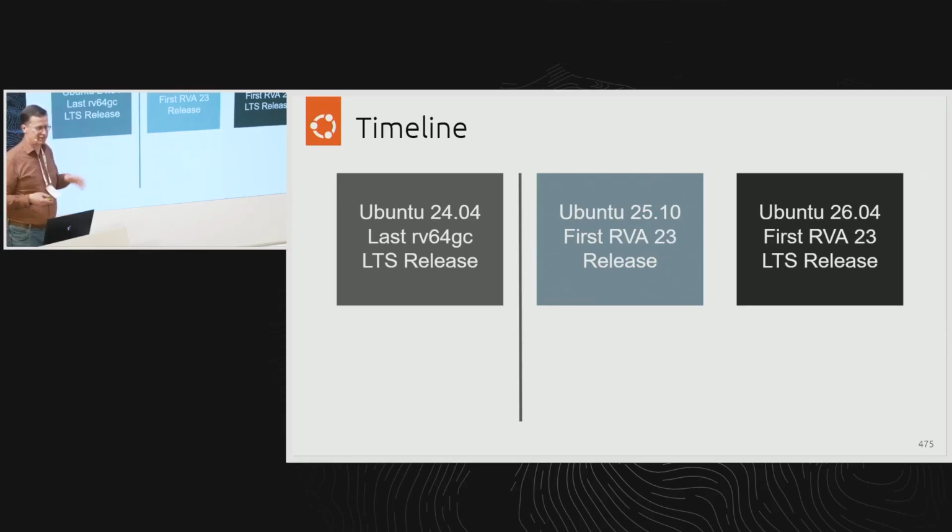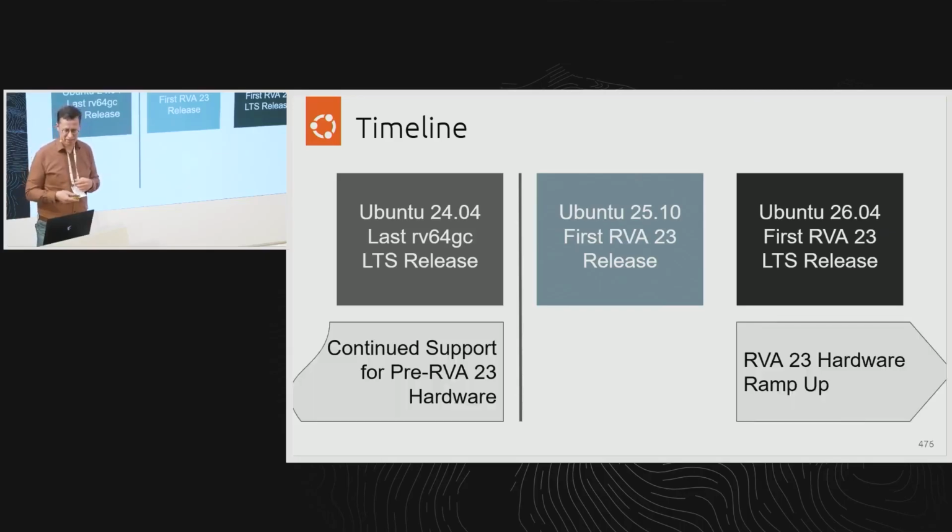And currently, the current release runs on QEMU only because the hardware is expected beginning of next year. But next year will also be the first LTS release with RVA23. And we will continue the support for pre-RVA23 hardware with our Noble release. And we are still trying to bring new boards to that release. But for everything that's RVA23, we needed that new release.